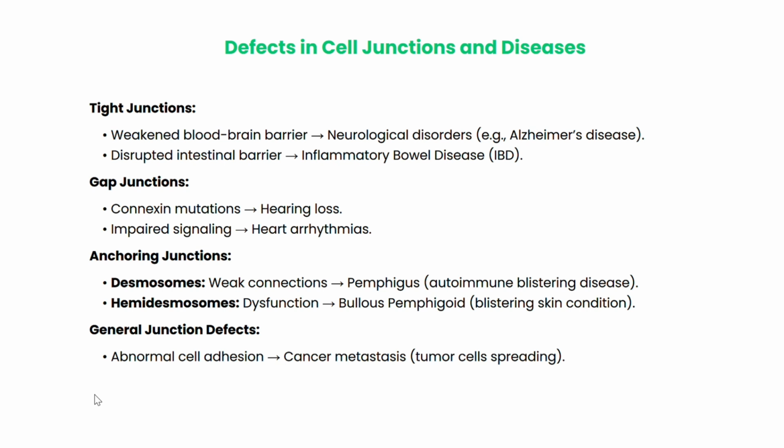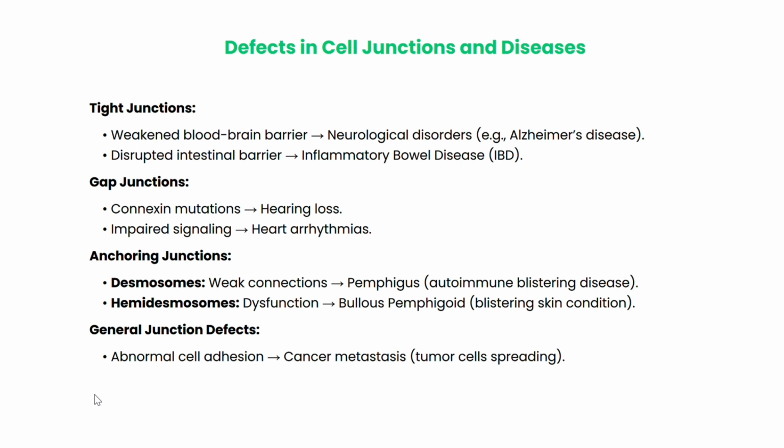This can allow harmful substances to enter the brain, contributing to neurological conditions like Alzheimer's disease. Similarly, disruption in the intestinal barrier can lead to inflammatory bowel disease, or IBD, where the gut becomes inflamed.